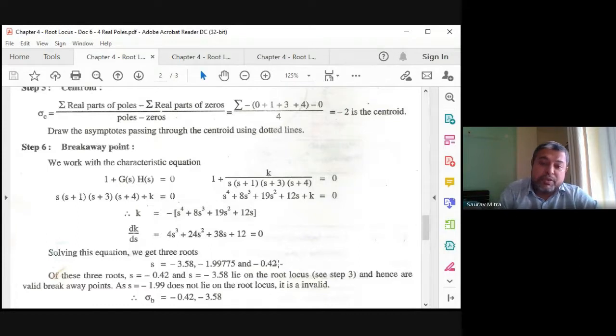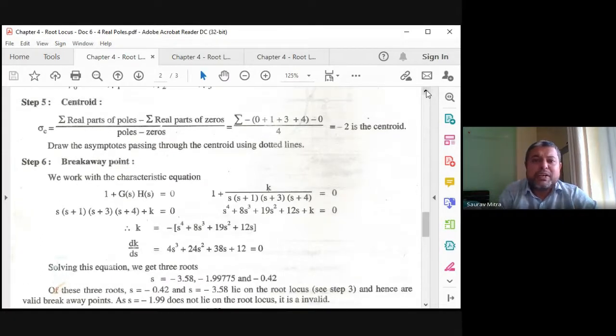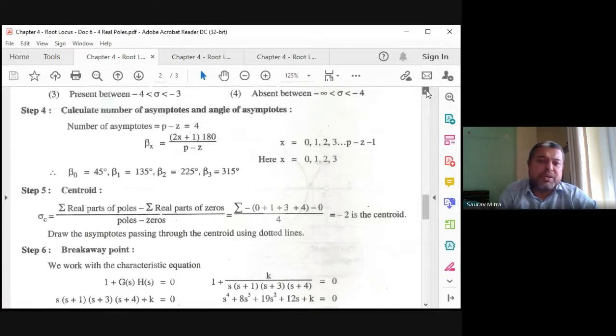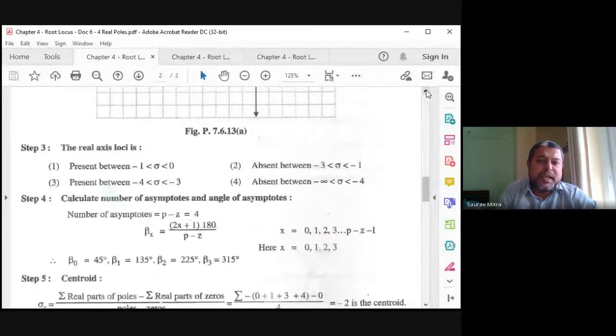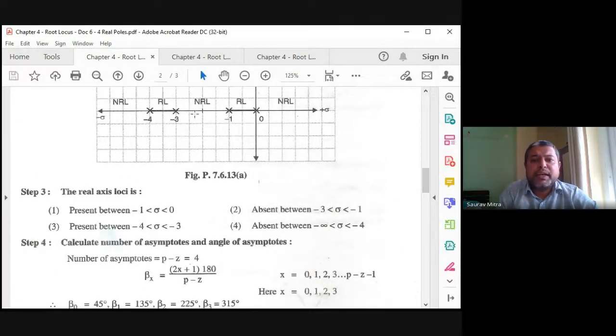Between 0 and minus 1, this point is a valid breakaway point. Between minus 3 and minus 4, minus 3.58 is also a valid breakaway point. But minus 1.99, approximately minus 2, will not be on the root locus, because we have seen the image and there is no root locus at minus 1.99.